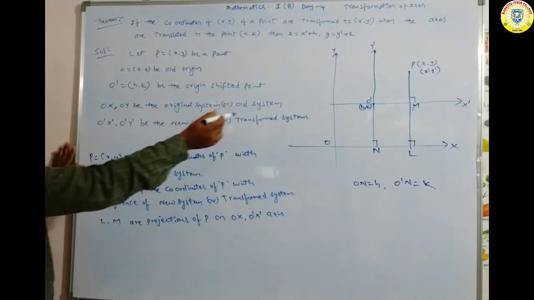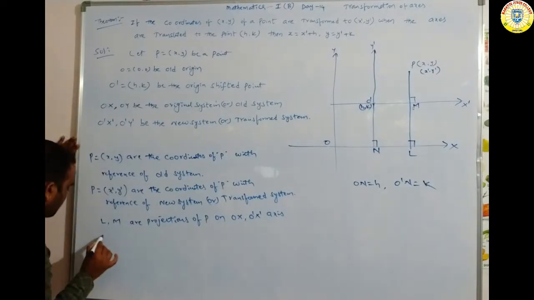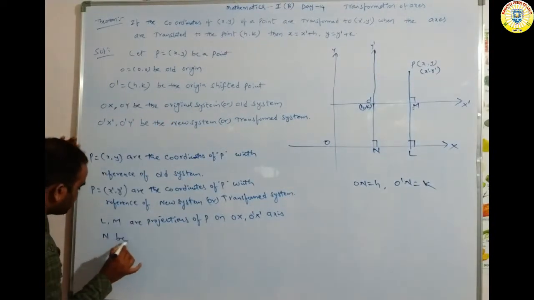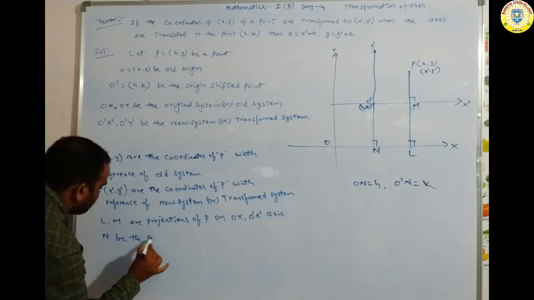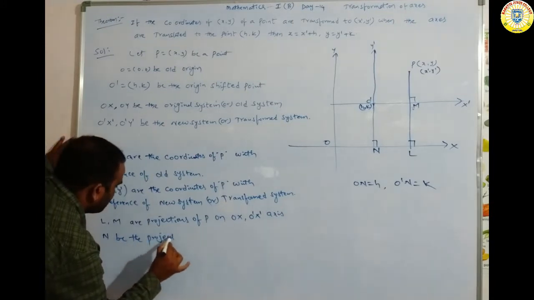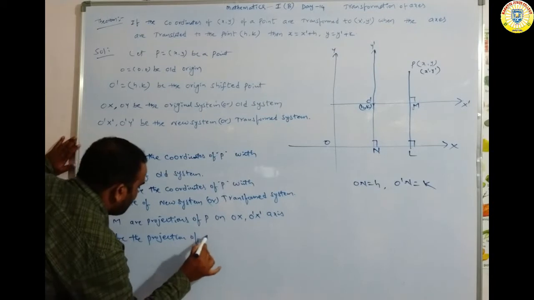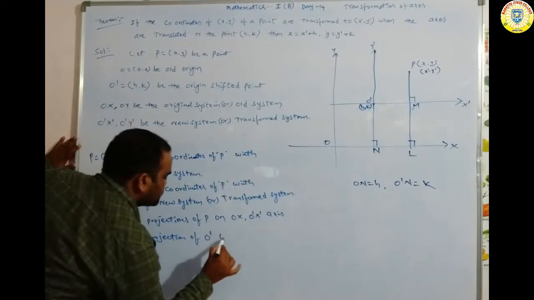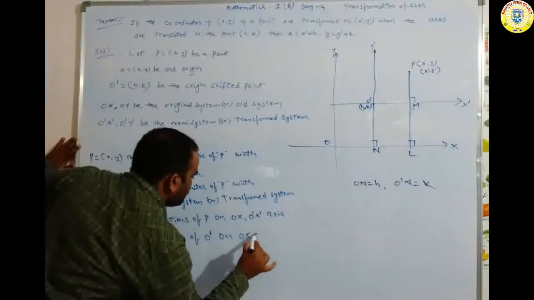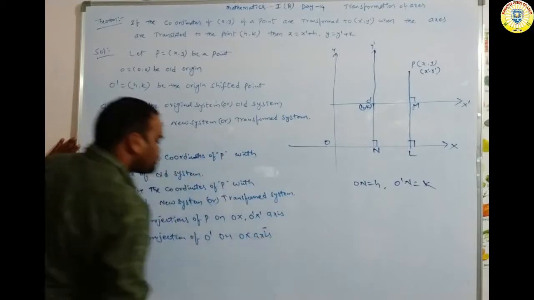Next, N is the projection of which point? O dash, on the OX axis.